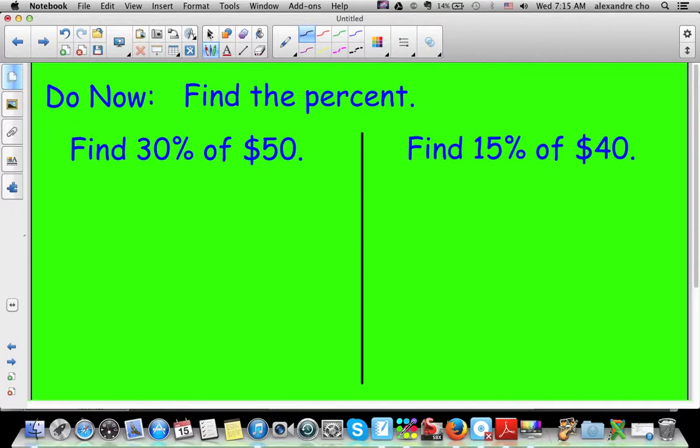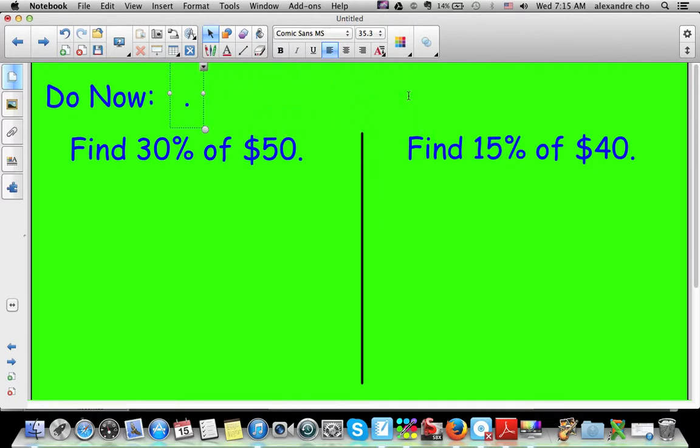It shouldn't say find the percent. Actually, you just shouldn't say anything at all because the question says what you should be doing. So find 30% of 50 and 15% of 40. Okay, so press pause, take a couple of minutes. This should be very simple to do. Okay, and press play, and we'll figure out what to do here.